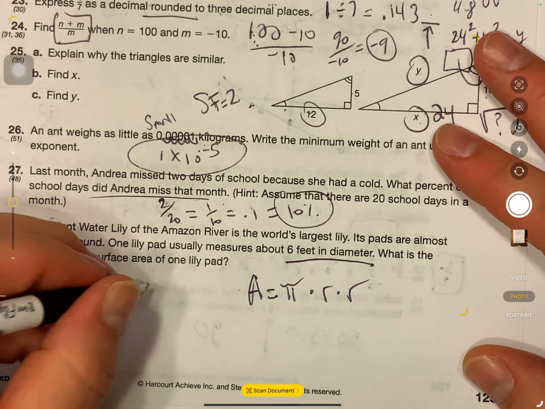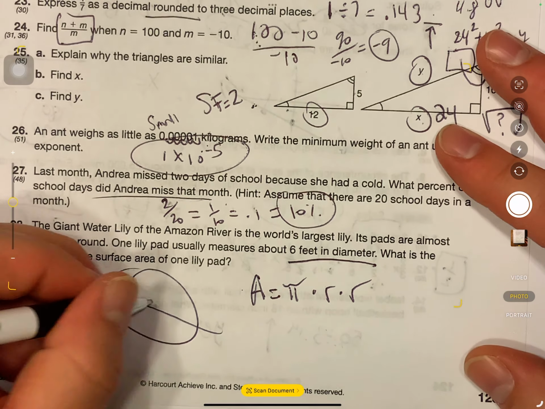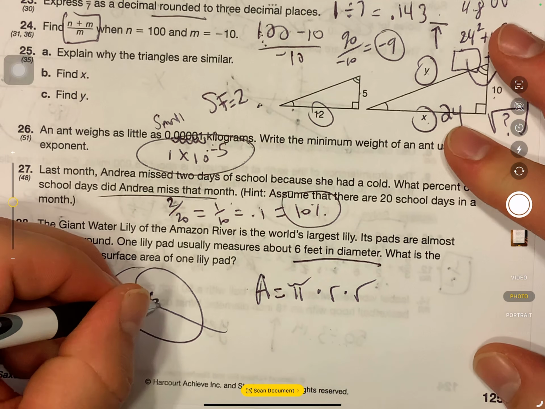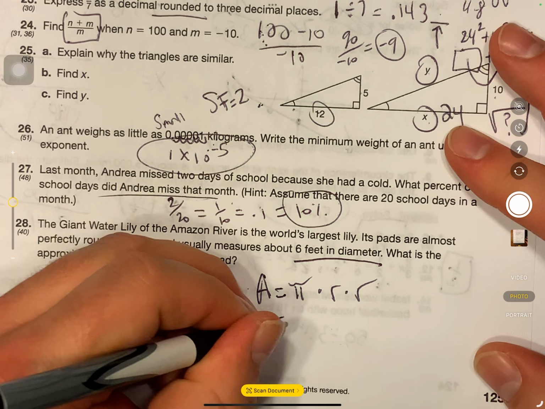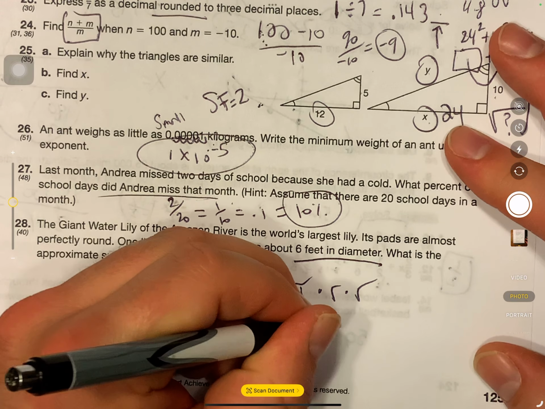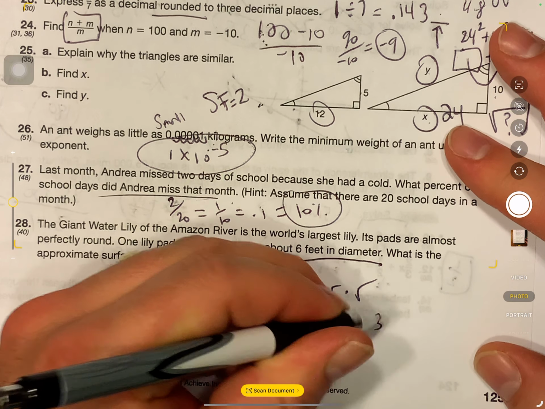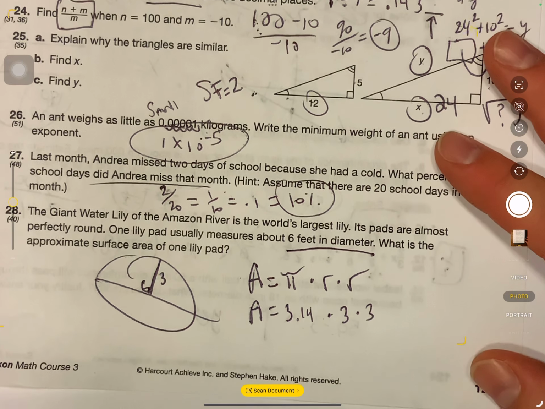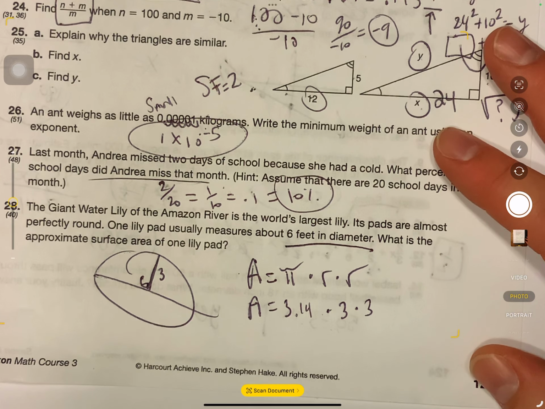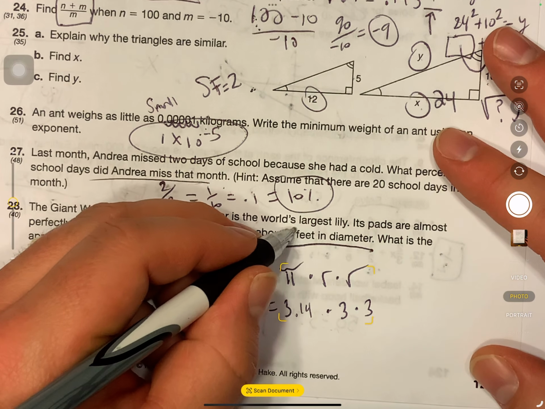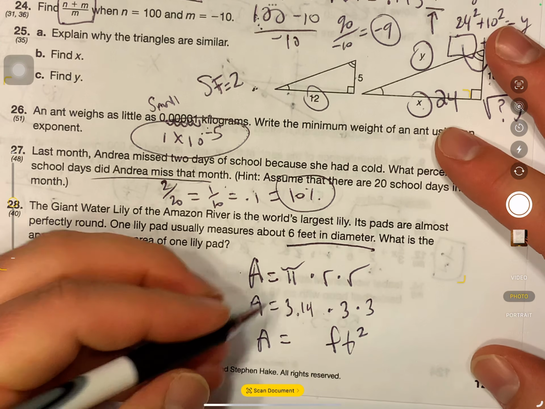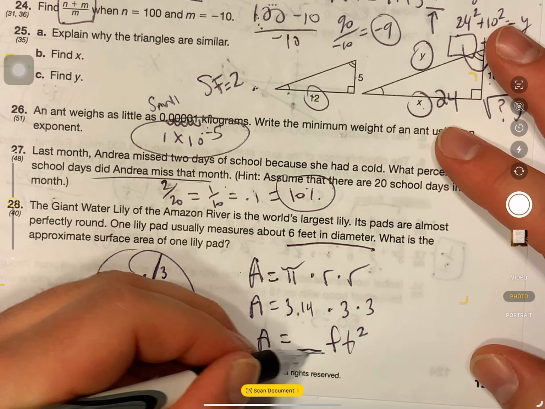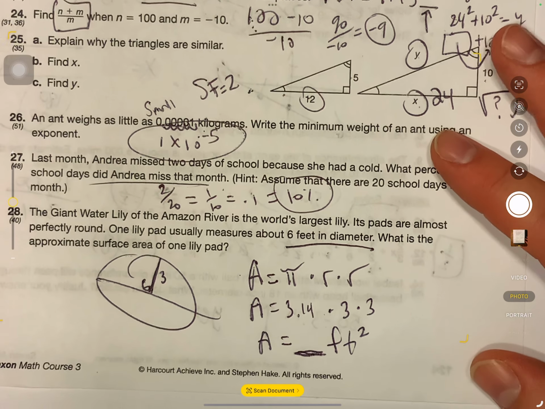But you should remember that if the diameter of the circle is 6, then half that diameter is 3. So the radius is 3. So pi, 3.14, times 3 times 3. And don't forget that it's in feet. Feet squared. So the answer is going to live right here: something feet squared.